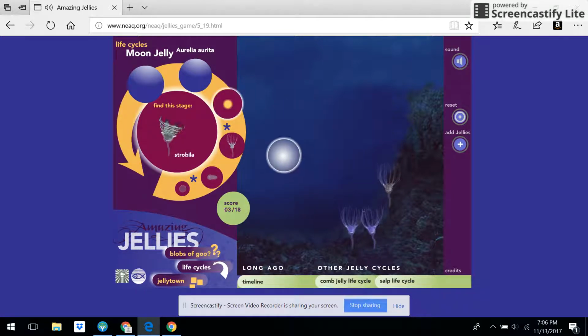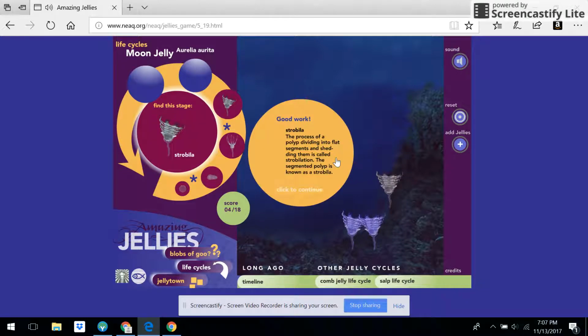The next stage is called strobila. What's going to happen is the polyp divides into segments. Wait for it to come. It's a type of asexual reproduction. Here it comes. The process of the polyp dividing is called strobilation.